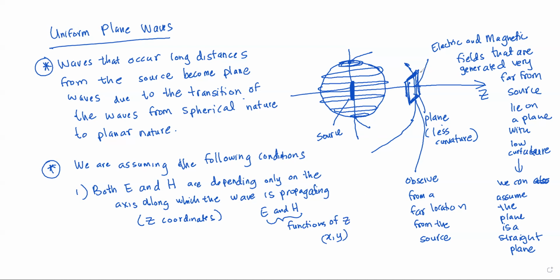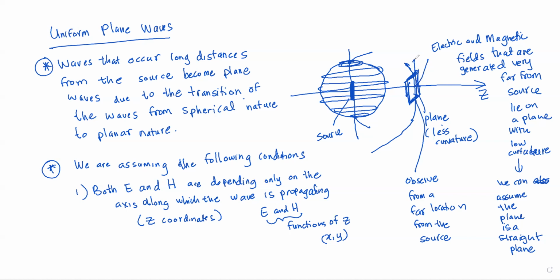Once a certain amplitude is created, it will remain constant in that plane. It won't keep on increasing because that is against energy conservation. So the electric field and magnetic field do not change over the X and Y directions.